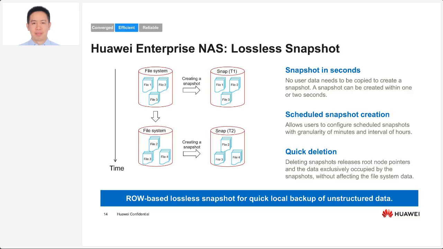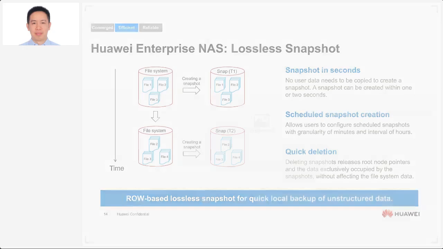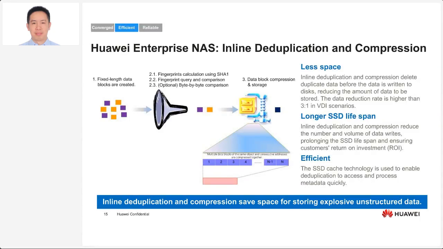When we delete these snapshots, we release the root node pointers and the data exclusively occupied by the snapshots, without affecting the file system data. So that's why we call this a robust lossless snapshot for the quick local backup of unstructured data. That's one of the key features which we offer in the file system.